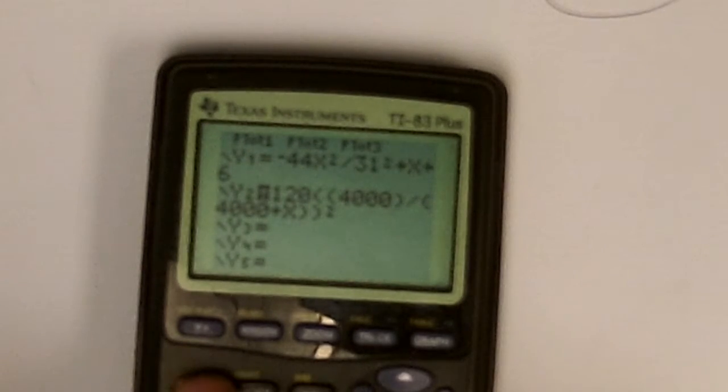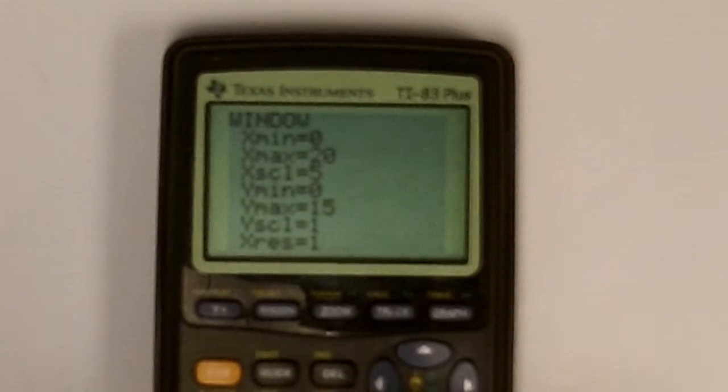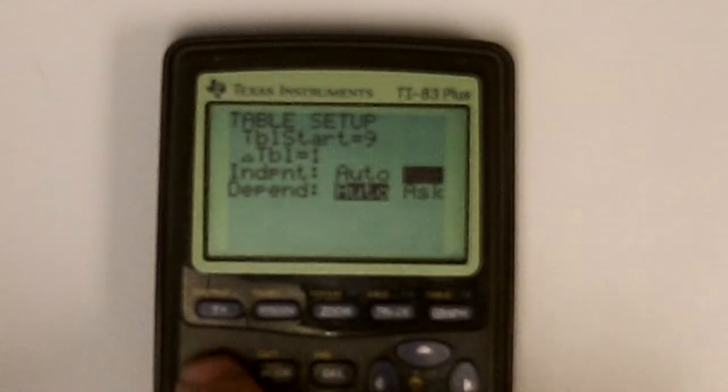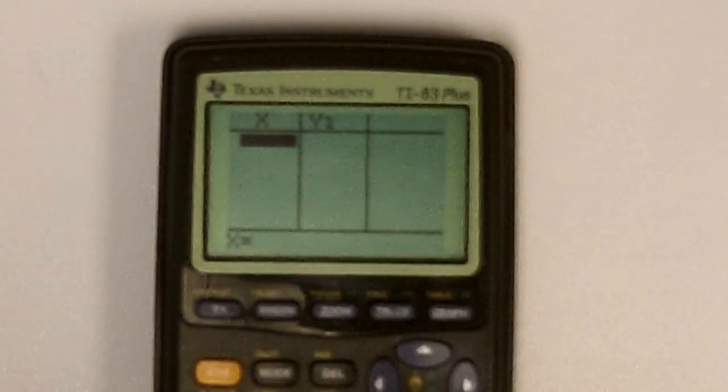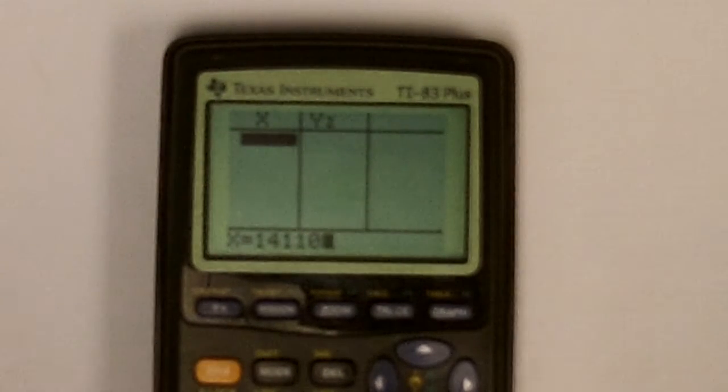So now I'm going to do a little different thing on the table set. So I'm going to go to table set, and I'm going to go to ask. So now if I go to table, it gives me nothing, but it allows me to put something in. So if they're at Pikes Peak, which is 14110, but I'm supposed to put it in miles, so I have to divide by 5,280 feet in a mile.